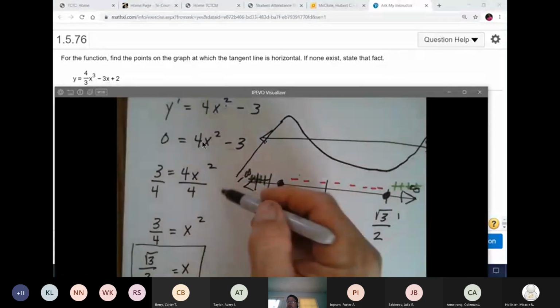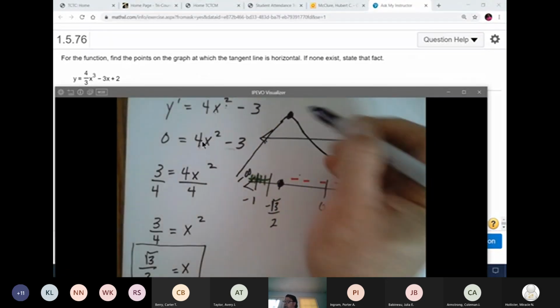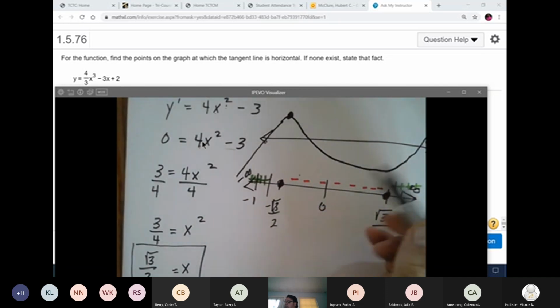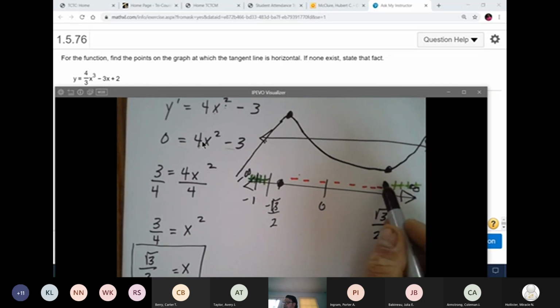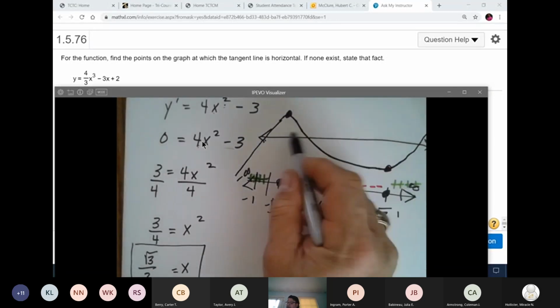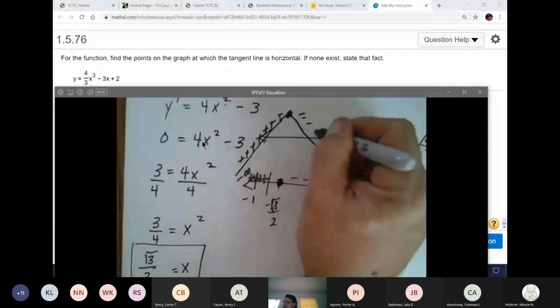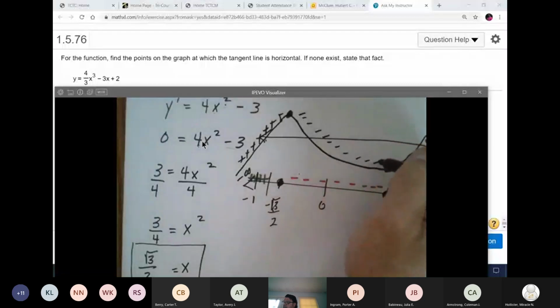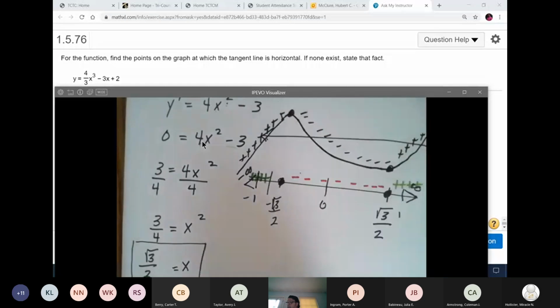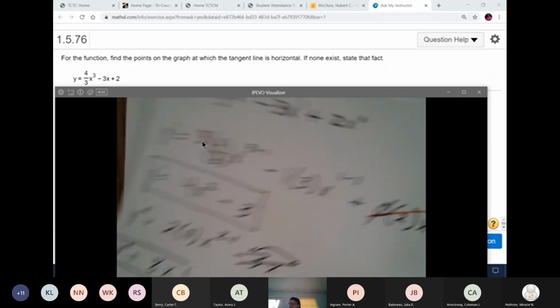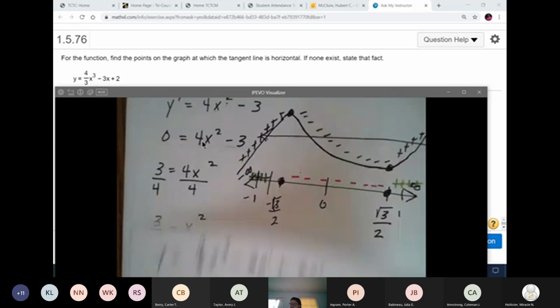So you know you got some kind of graph that goes up to this point, and then at positive square root of 3 over 2 it starts to go back up. And that's what's happening with this function. It's increasing, decreasing, and increasing. So that's where this is heading. These two right here are for your information, but that's where this is heading.